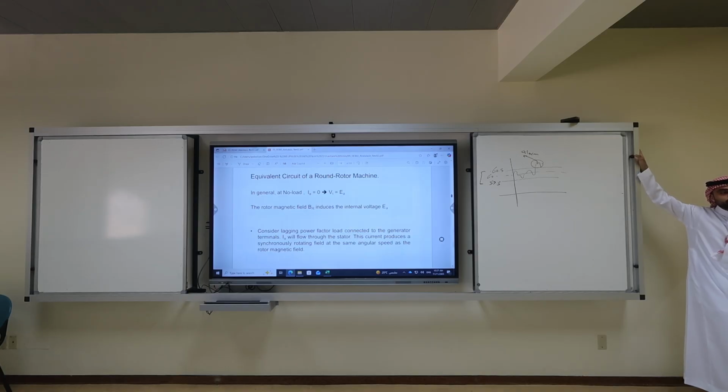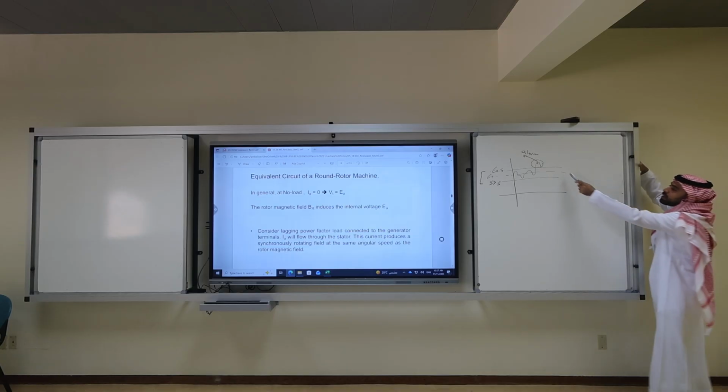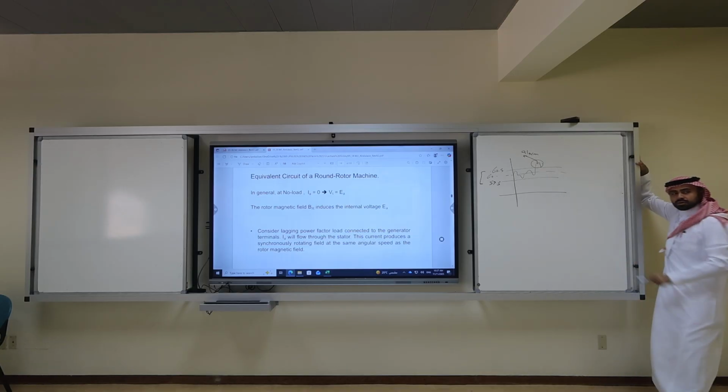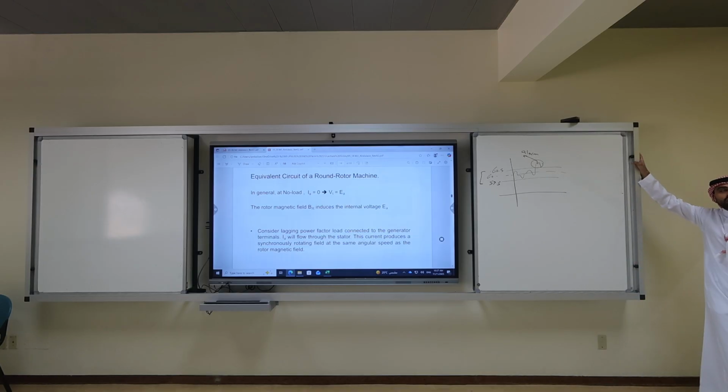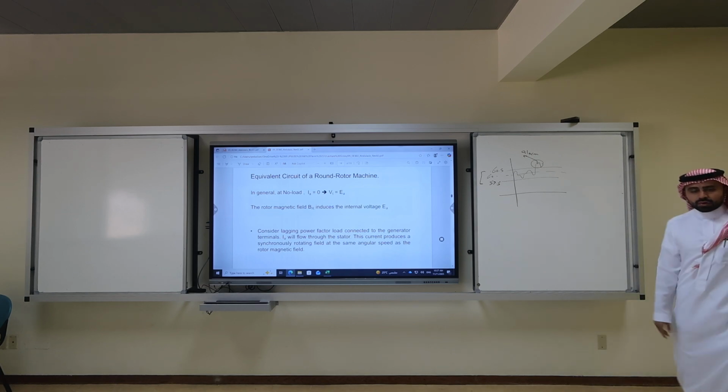Why? Because the synchronous generator that is serving the area experienced out of synchronization moments. I no longer have 60, I have 61, 62 Hertz. The light bulbs will not work at 62 Hertz. It will flicker. Okay?